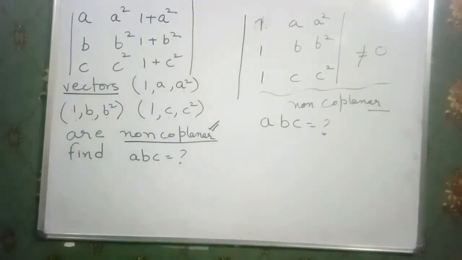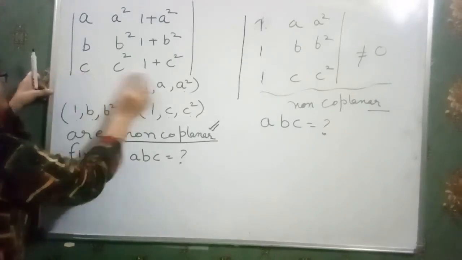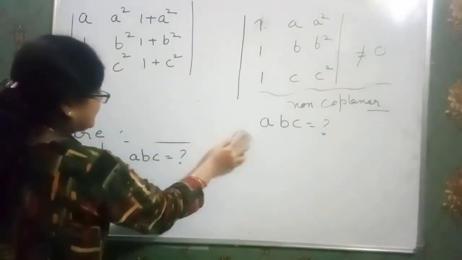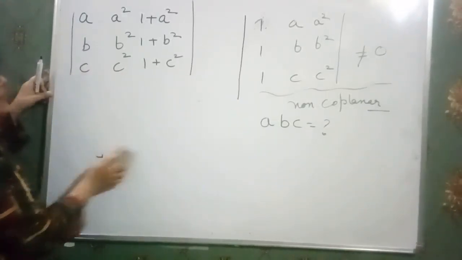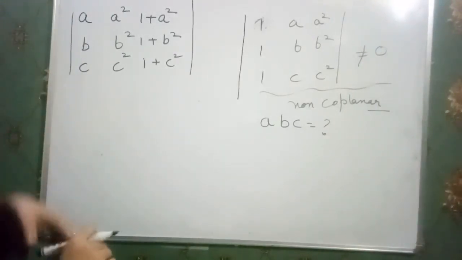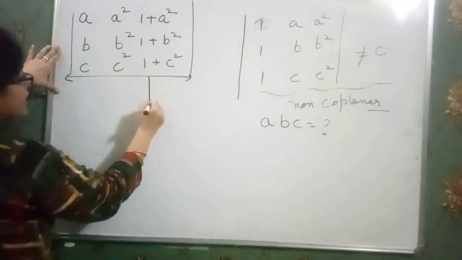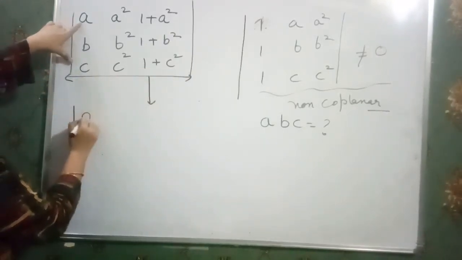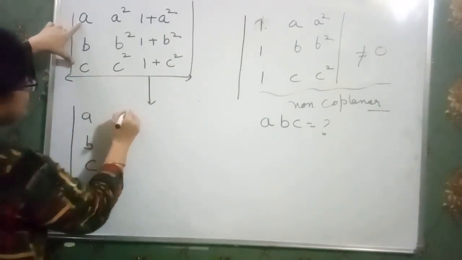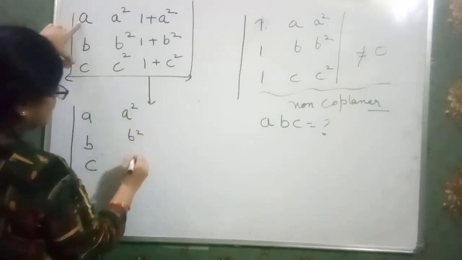I just take this question in order to explain what non-coplanar vectors are. Now when we have this type of determinant, we can break it into two parts. That means a, b, c and a square, b square, c square are two things.